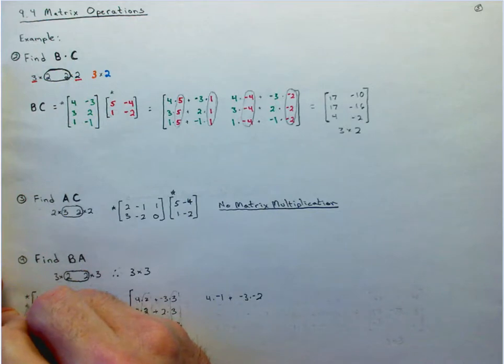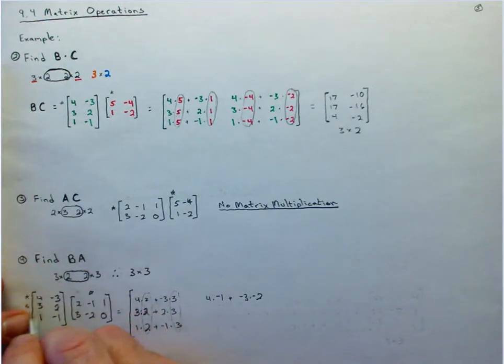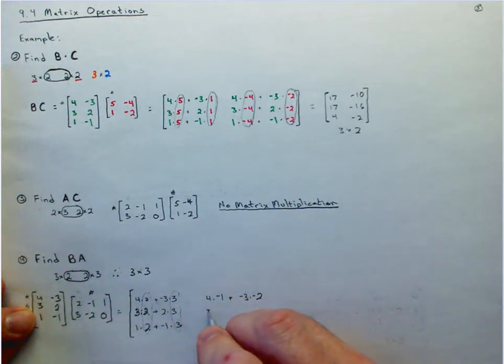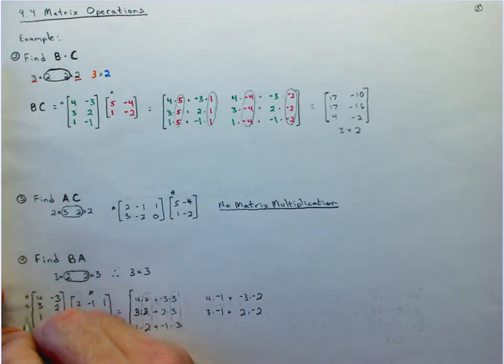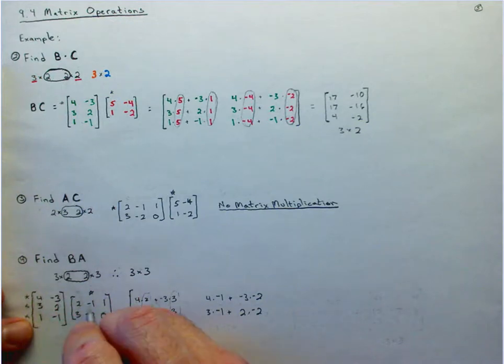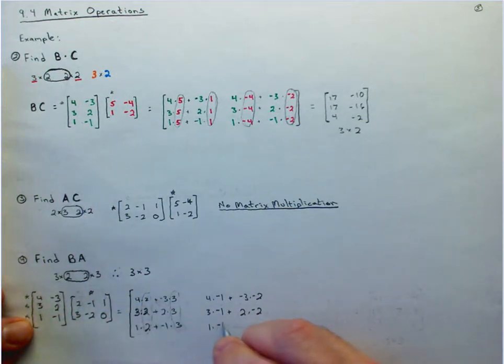My next row, 3 and 2 to this column. So 3 times a negative 1 plus 2 times a negative 2. And in my last row, I have 1 times a negative 1 plus a negative 1 times a negative 2.